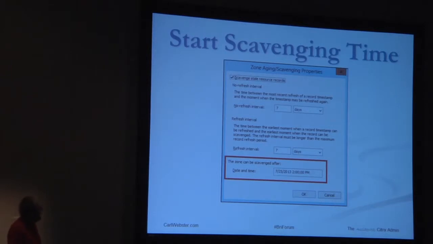And then the start scavenging time. The start scavenging time says, this is the date and time that this zone can be scavenged. And it's done by looking at the current time, which should be accurate, on that DNS server or on the scavenging server, and then the same thing. It rounds down to the hour, so even if this were 2:59:59, it will show us 2.